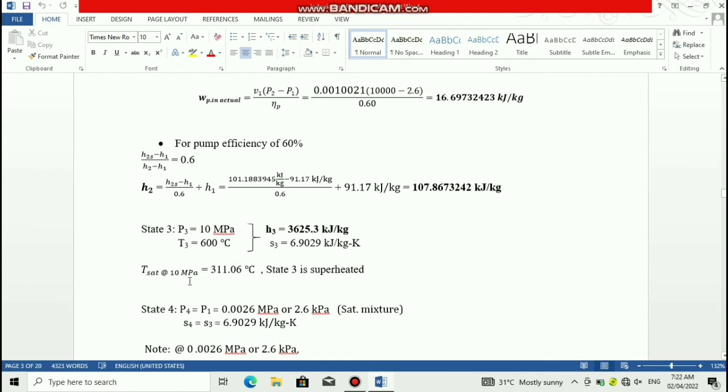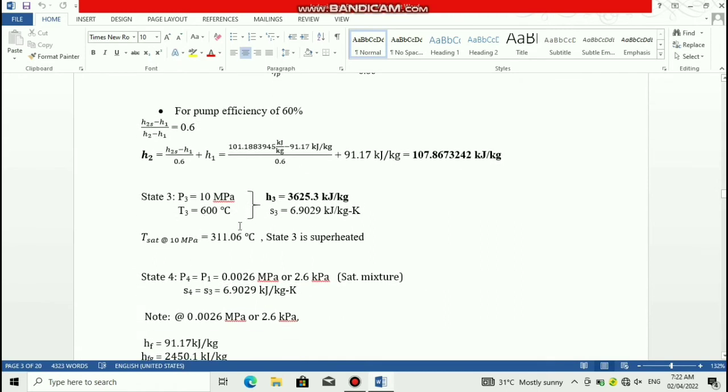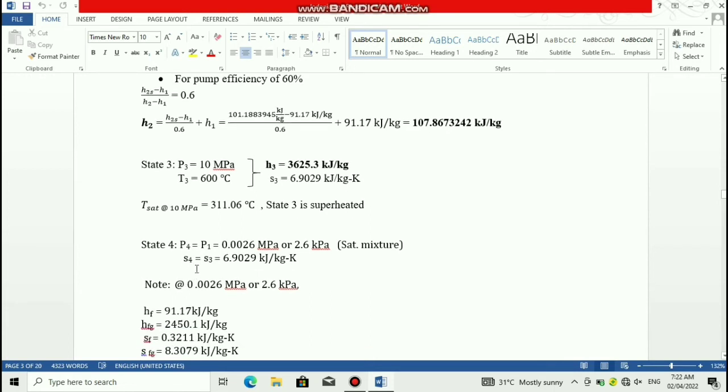At state 3, the pressure is 10 MPa at 600 degrees Celsius. The Tsat at 10 MPa is 311.06 degrees Celsius. Therefore, state 3 is superheated. Then from table 3 of the steam tables, we get the values for enthalpy and entropy. At state 4, the pressure at point 4 is equal to the pressure at point 1, which is 2.6 kilopascal. At this point, it is a saturated mixture. So s4 equals s3 equals 6.9029 kilojoules per kilogram per kelvin.